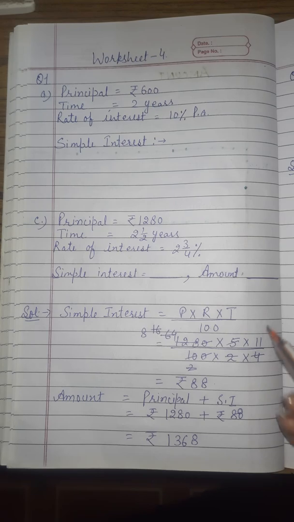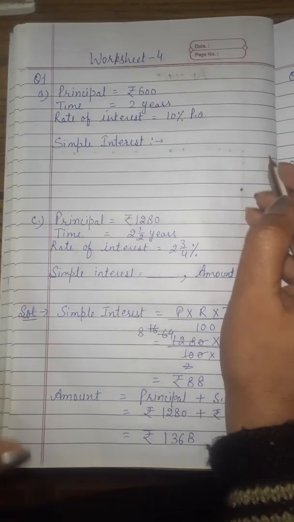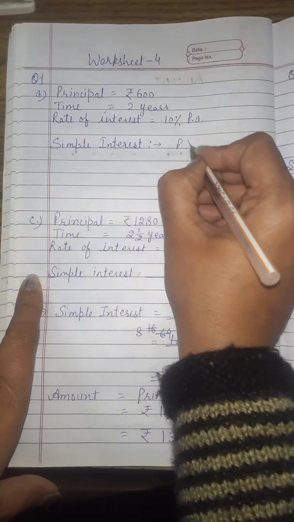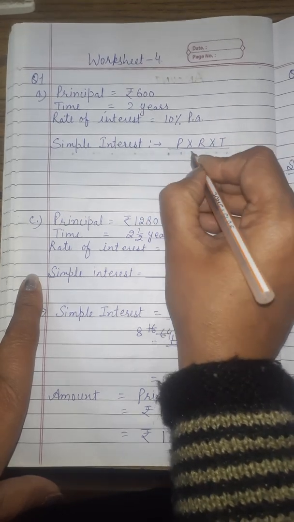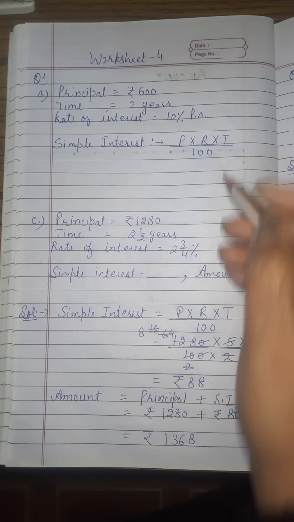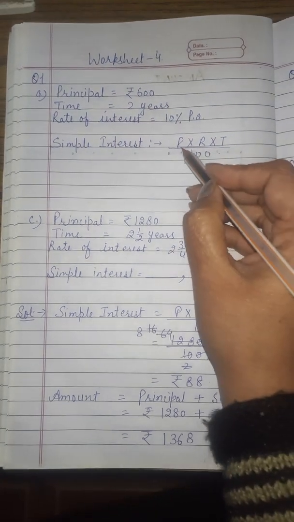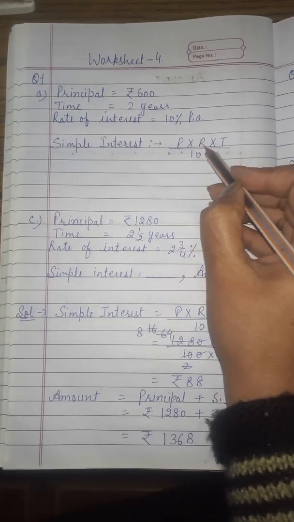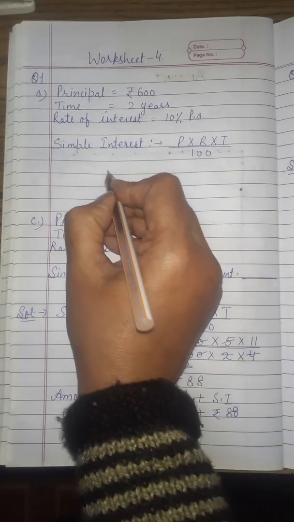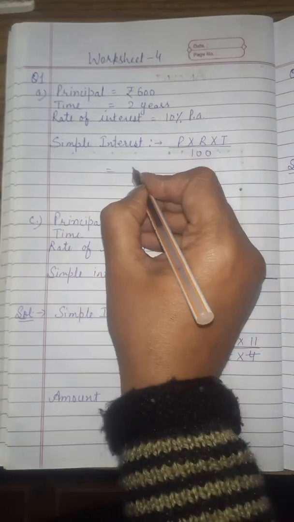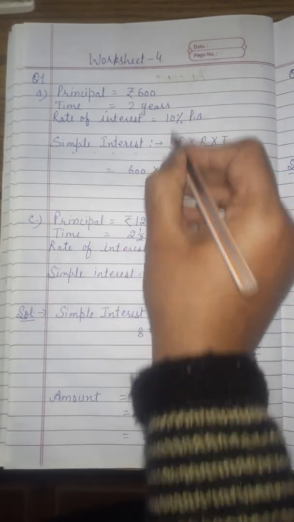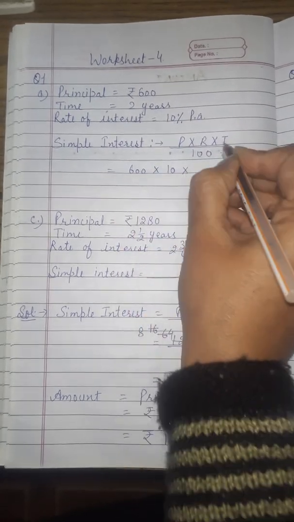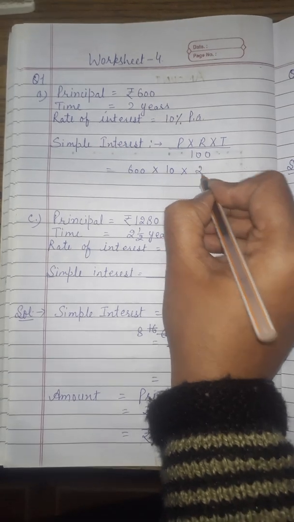So we use a formula to calculate simple interest, that is principal multiplied by rate multiplied by time upon 100. We will just write this formula and substitute the values of the given terms, that is principal, rate and time. Principal is rupees 600, rate of interest is 10%, and time is 2 years.